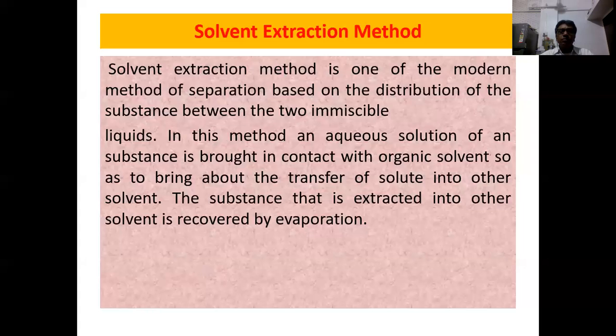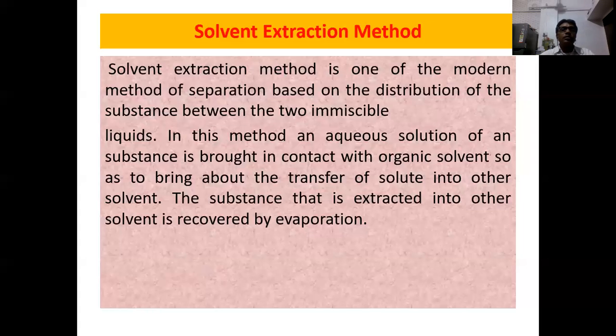It means the transfer of lanthanone into the other solvent. So the lanthanones are extracted into the organic solvent. Let us see how this method is carried out.